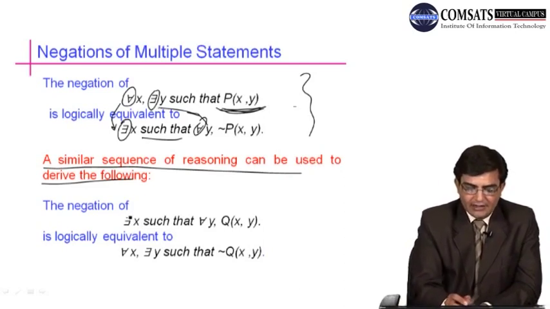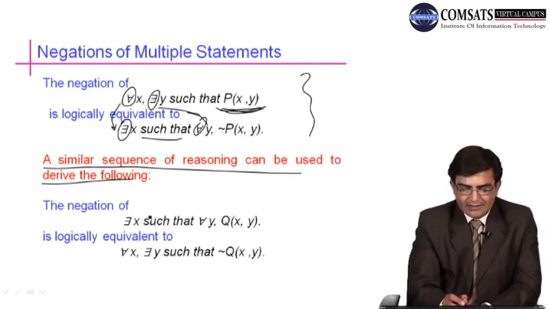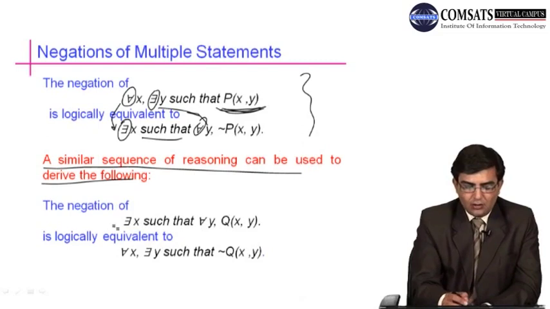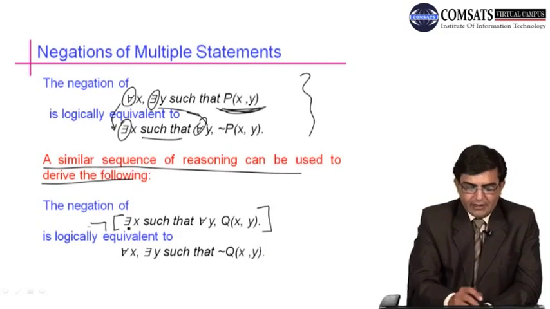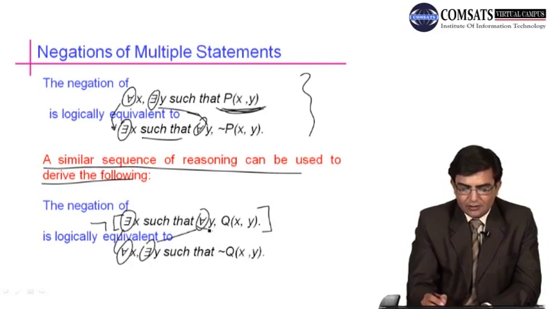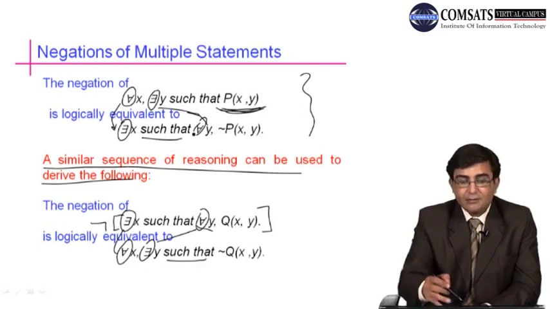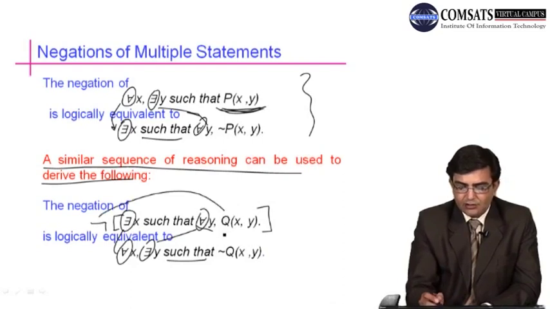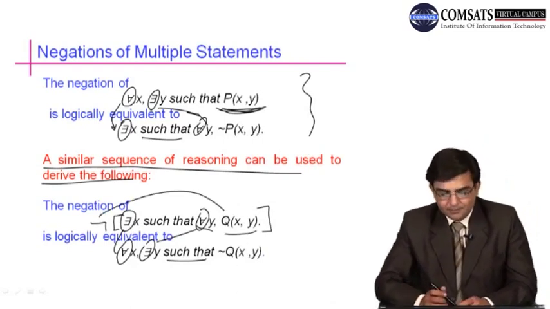If we are given there exists x such that for all y, q of xy, and we apply the negation, there exists will be converted to for all, such that will be converted to a comma, for all y will be converted to there exists y, and this comma will be converted to such that, as we have discussed in the upper case. Finally we apply the negation on the predicate, not q of xy.